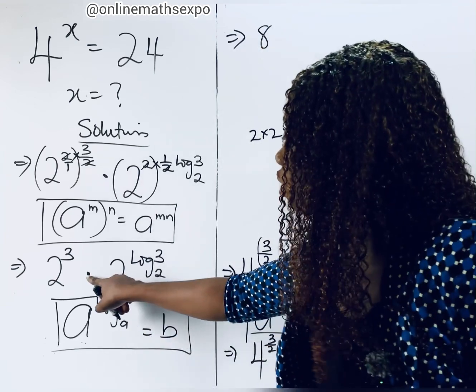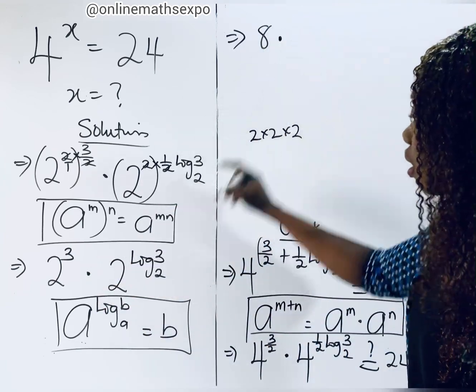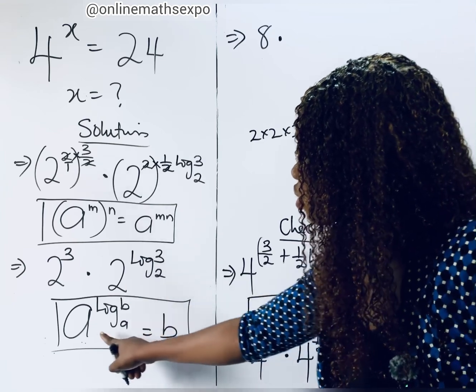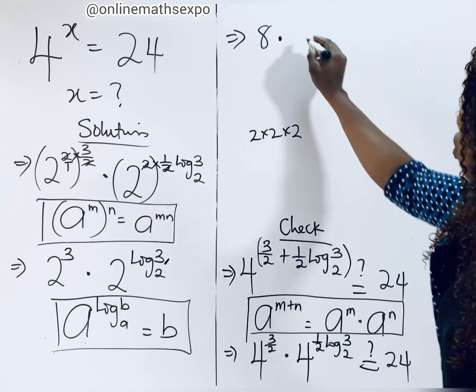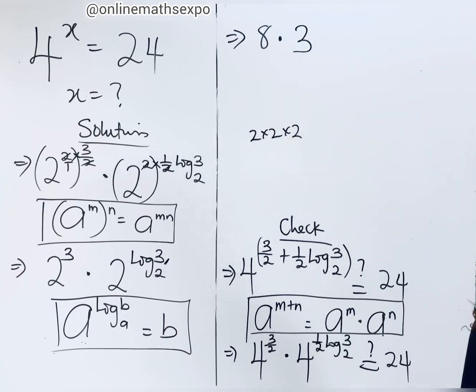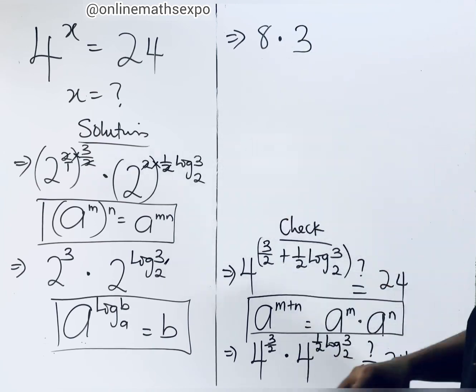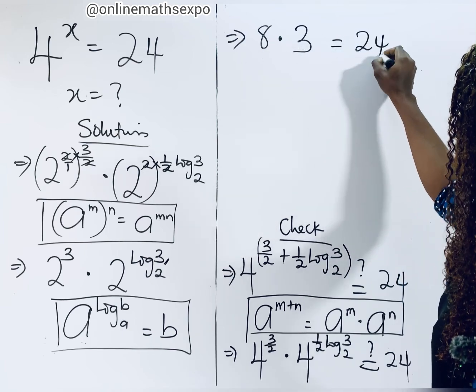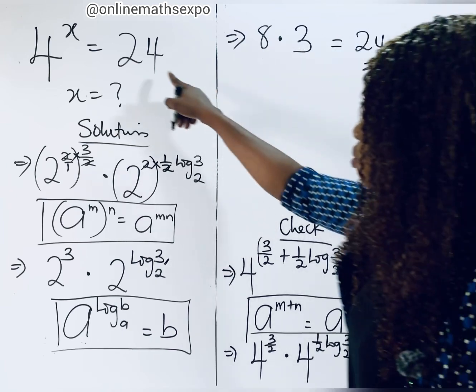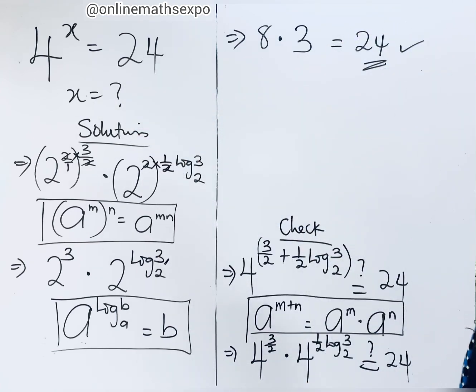Okay, then is multiplied by, obeying this, you see the two are the same, so you are going to have 3. So it's multiplied by 3. Interesting. Now 8 times 3 will give you what? 24. And that is what we have at the right side of the equation.